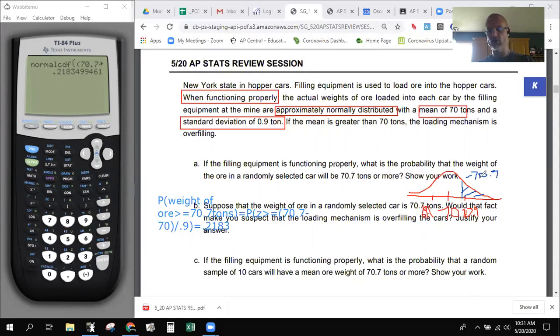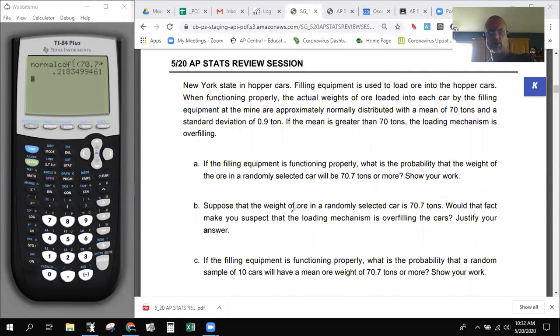Not negative, I'm just trying to draw an arrow. Okay, and then this area right here, once we find it, that area is going to be 0.2183. There we go. So that would be a complete solution for that one. All right, let's erase what I have here. Clear all drawings.